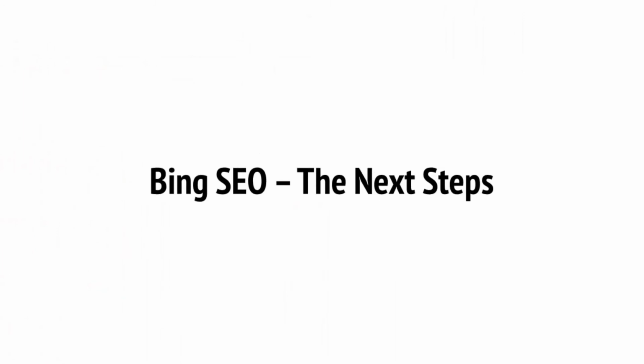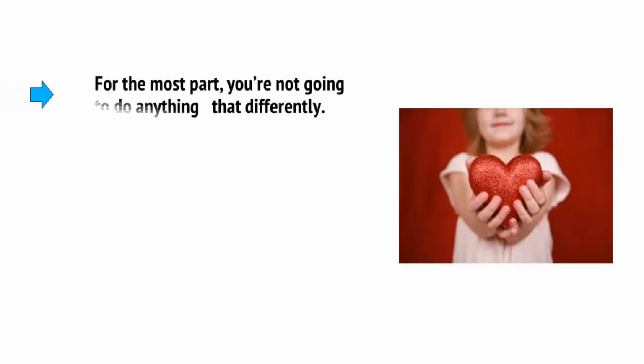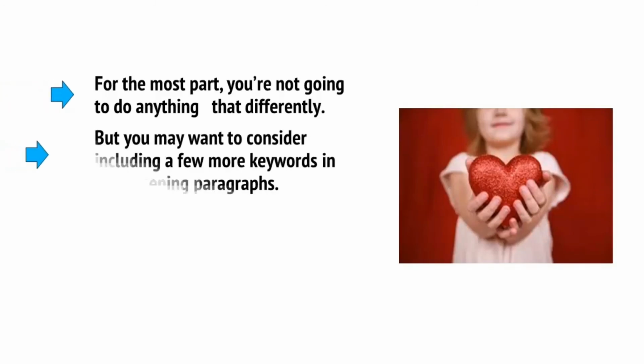As the Alan Parsons Project sang, where do we go from here? Now you have lots of information about why Bing SEO matters, how it works, and how different it is from Google. But you also know that you need to keep focusing on Google. So, what's the best way to proceed? Well, exactly as we said earlier. For the most part, you're not going to do anything that differently, but you may want to consider including a few more keywords in your opening paragraphs.